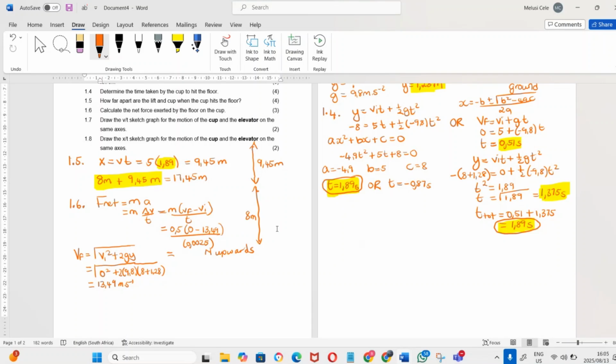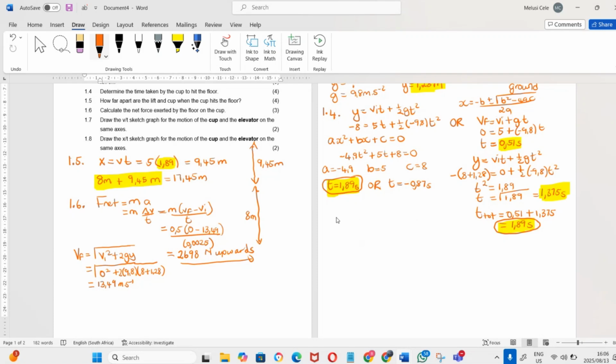That is 0.5 into negative 13.49, divided by 0.0025, and then what you get is, oh no, it's not 26, it's 2698, upwards. Obviously, your answer is negative, but I'm just taking a shortcut there.